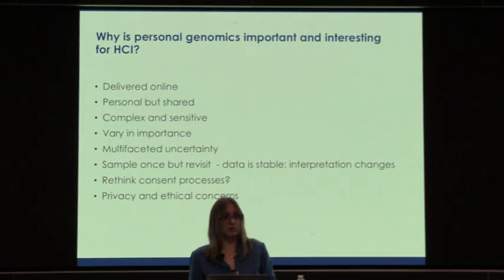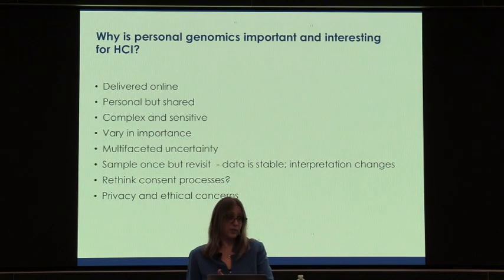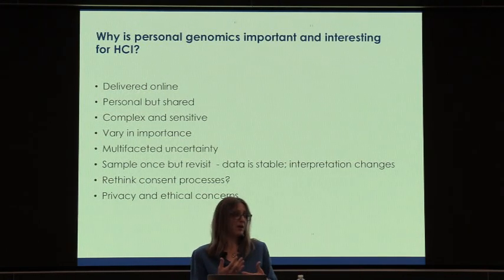Even if we do know that a particular gene variant is associated with risk for a particular condition, well, what are the contributions of other genes that perhaps will be preventative? What are the contributions of environmental conditions, of changes in lifestyle? So there is lots of uncertainty that is embodied in this information.